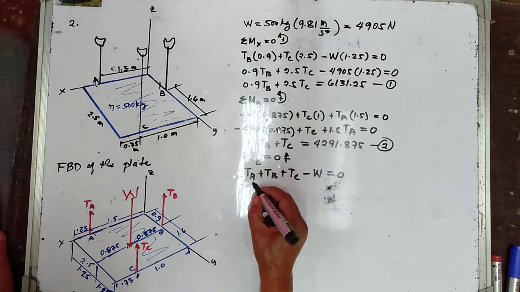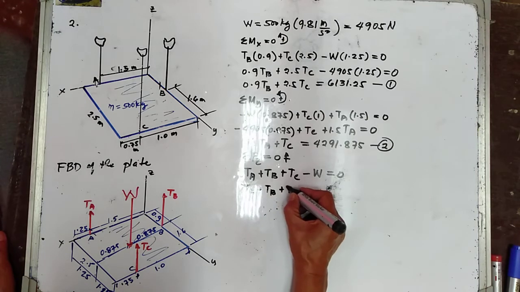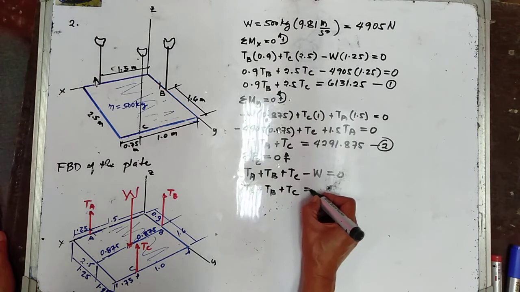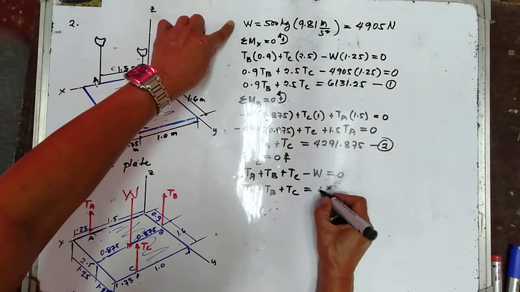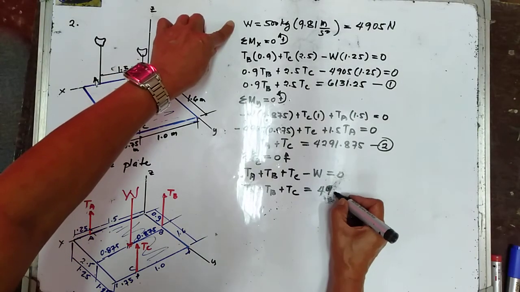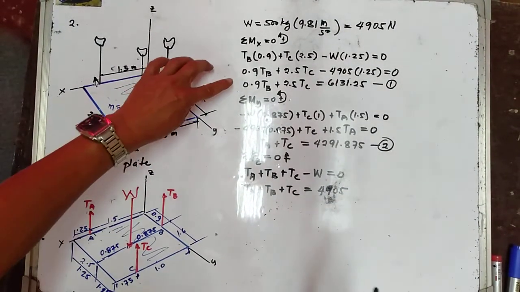So we now have TA plus T sub B plus T sub C is equal to W, and W is 4905.